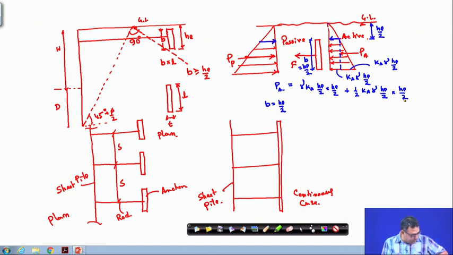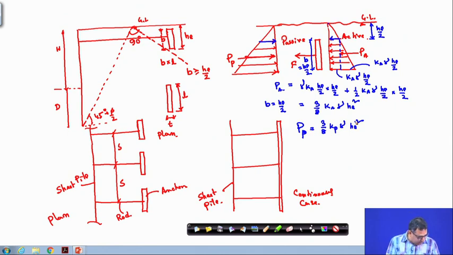If I simplify this, this will be 3 by 8 K_A gamma He square. Similarly, the passive pressure will be the same, 3 by 8 K_P gamma He square.